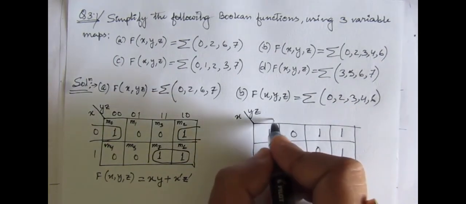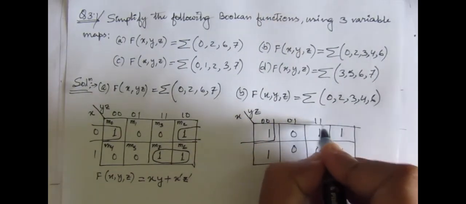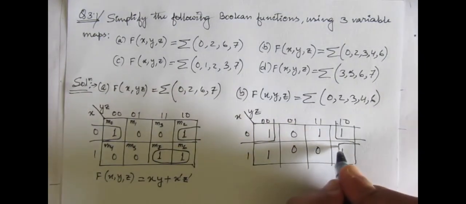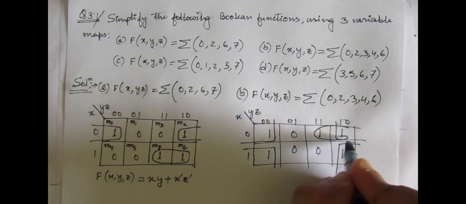All others are 0. This is 0 0, 0 1, 1 1, 1 0. 0 and 1 combined like this will be one term. These 4 are one term, then this will be another term.